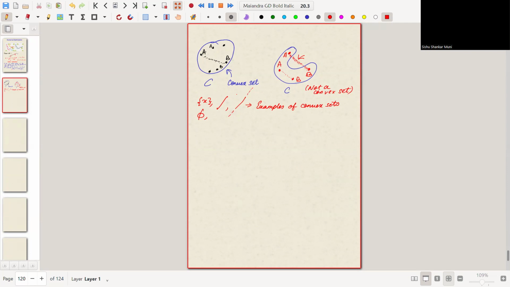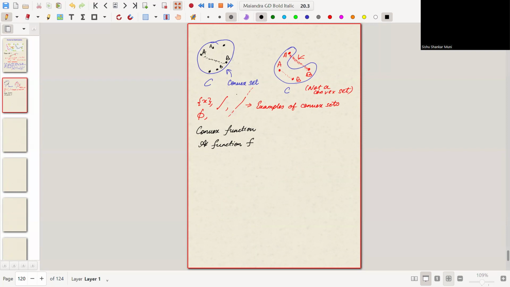But what is a convex function? You learned about convex sets, but what is a convex function? Again, we will borrow the ideas from the convex set to define a convex function. I will write the definition here. It might appear a bit abstract, but a function f is said to be a convex function if something happens.